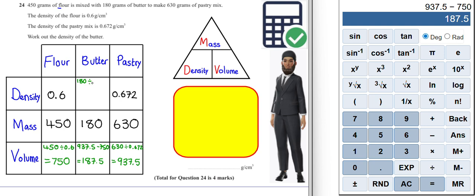Divided by 187.5, and let's plug this into the calculator. You're going to get 180 divided by 187.5, and you end up getting an answer of 0.96. And this is grams per centimeter cubed, 0.96.